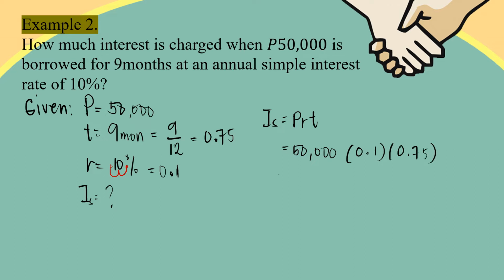Yan. So, compute lang ulit. Input natin sa calcu. 50,000 times 0.1 times 0.75. So, ang mako-compute natin dyan ay 3,750. So, ito ngayon yung magiging tubo dun sa hiniram na 50,000 pesos for 9 months.